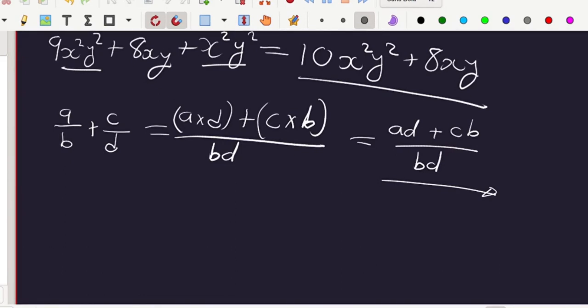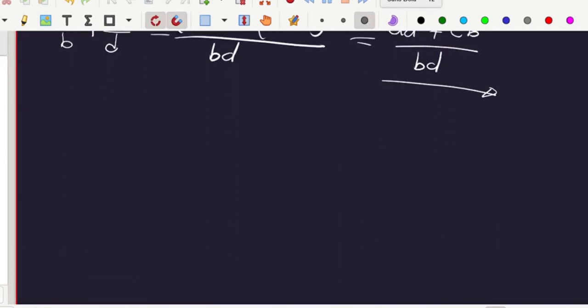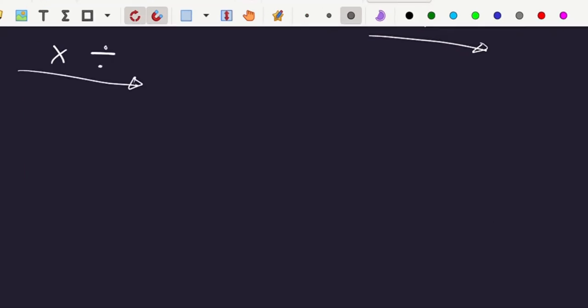Now let's deal with multiplication and division. When it comes to multiplication and division, we need to first deal with the signs that come with the coefficients.